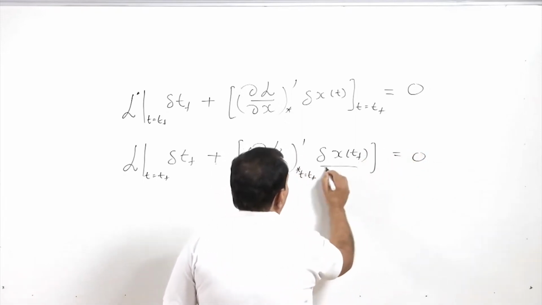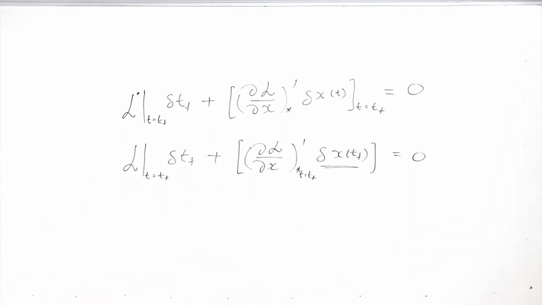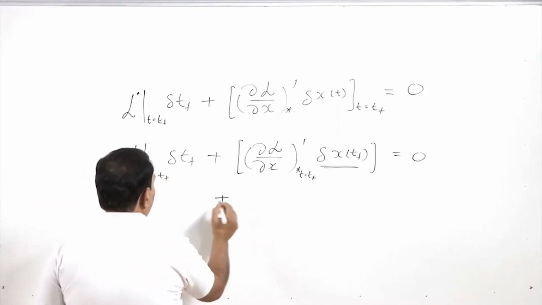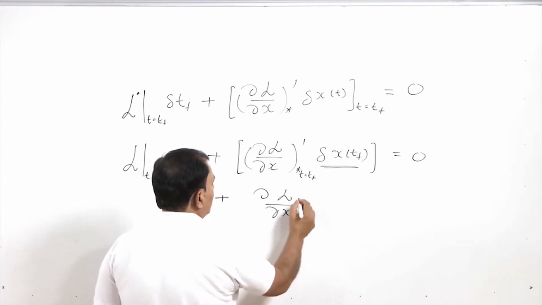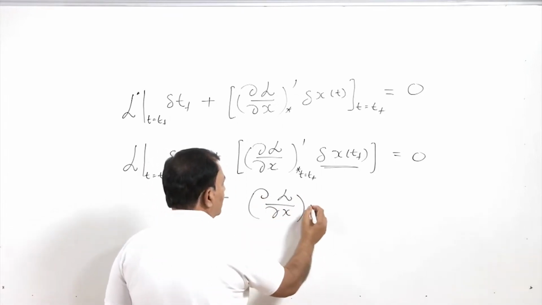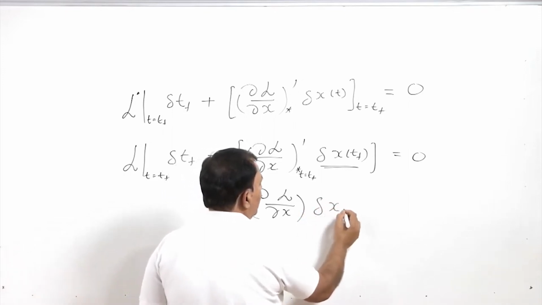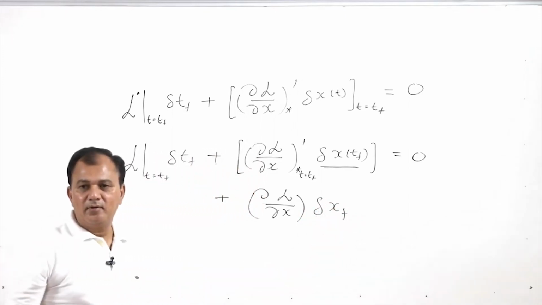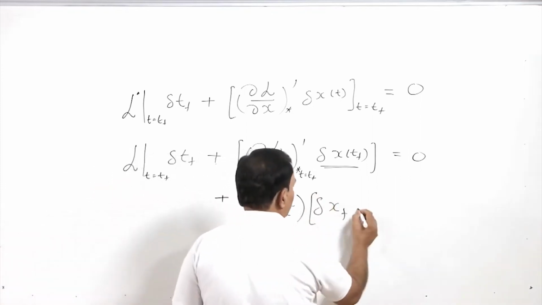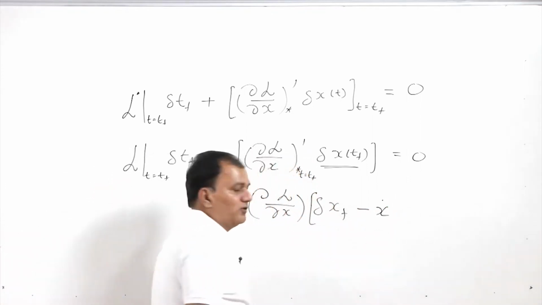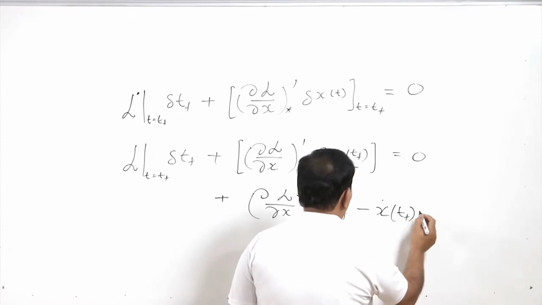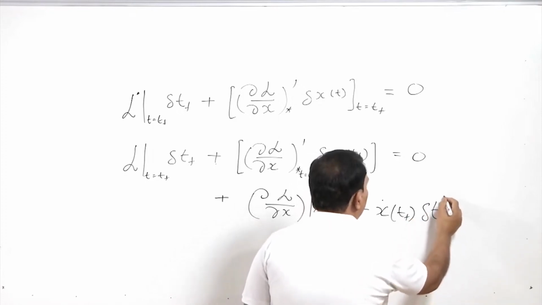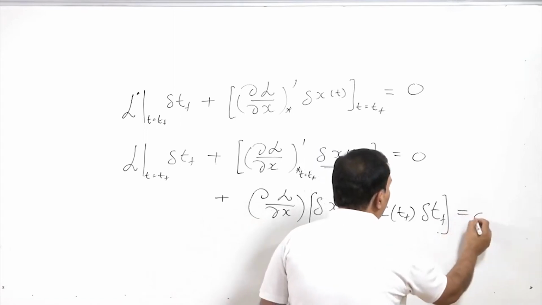So, this delta x of Tf I am replacing with delta xf minus x dot of Tf delta Tf, and this equal to 0.